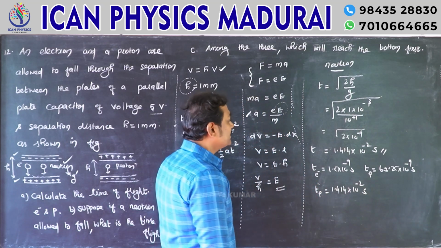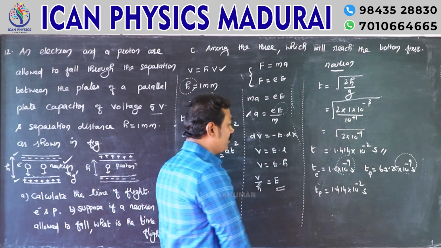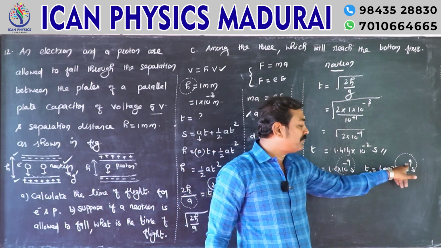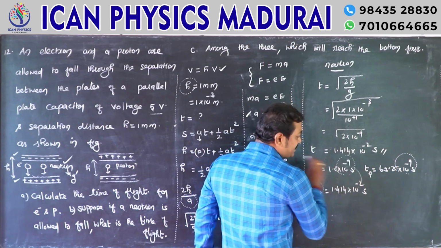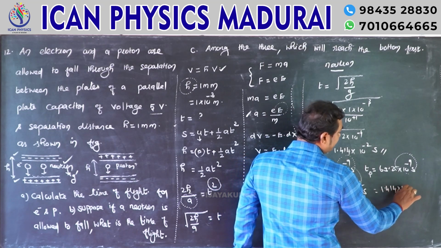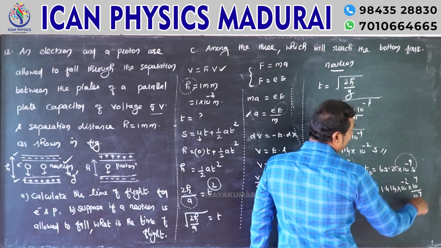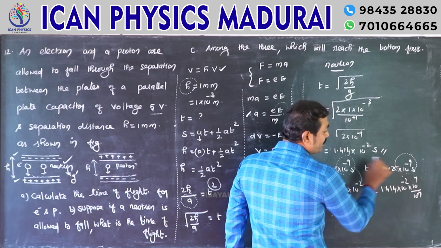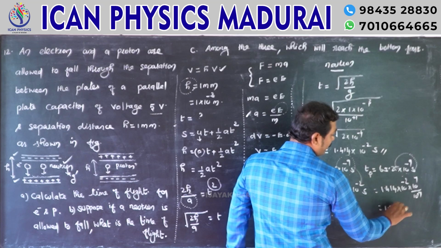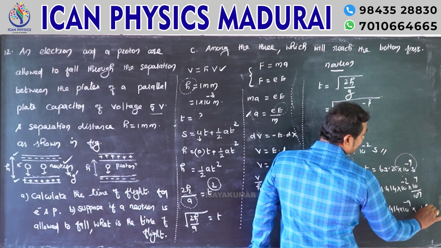Now just see the values. It's minus 9, it's minus 9, no problem. But what about the neutron? To make the power the same, the difference between the two powers is 7. So 1.414 into 10 to the power minus 2 into 10 to the power 7 divided by 10 to the power 7. The plus 7 goes to the numerator as minus 7. Minus 7 minus 2 is minus 9. So 1.414 into 10 to the power minus 9 into 10 to the power 7.